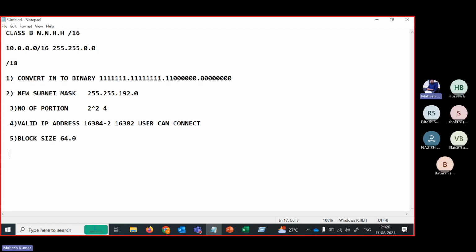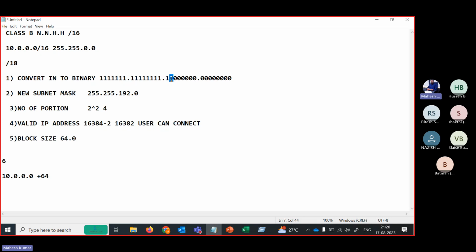So this is our block size. After that, the sixth step: what is our base network? 10.0.0.0 plus 64, correct? Plus 64, because this is the last value.